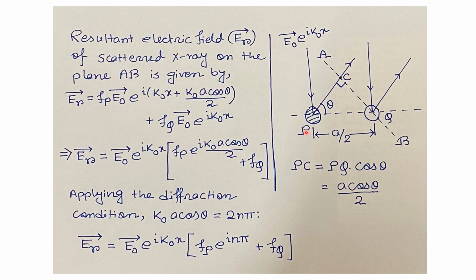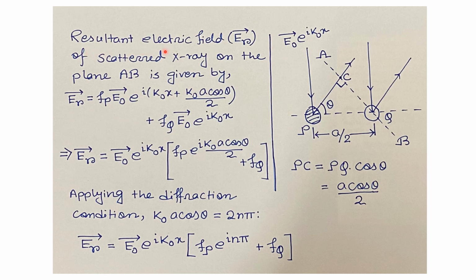So the extra phase gained by the scattered X-ray radiation from P atom will be k naught A cos theta by 2. Q atom is placed on the plane AB, so the scattered radiation will not effectively gain any phase on the plane AB.